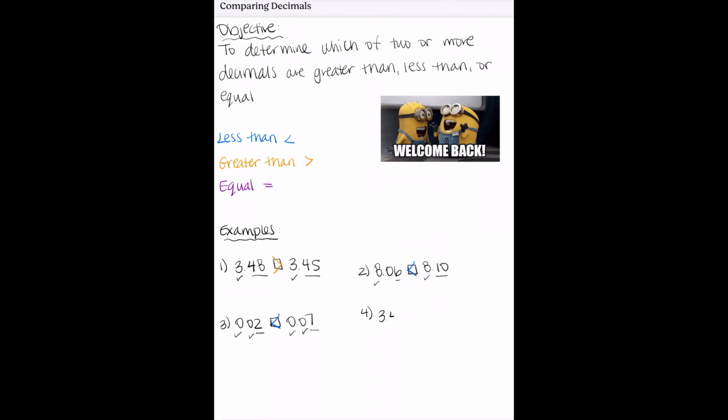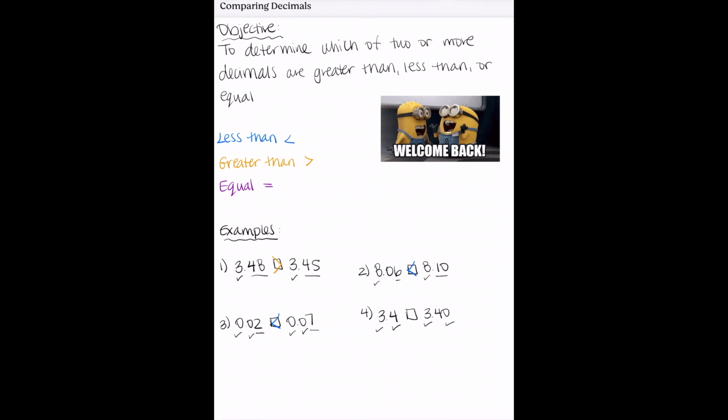For number 4, we have 3.4 compared to 3.40. The way that we would say these would be 3 and 4 tenths and 3 and 40 hundredths. Now looking at them, they both start with 3 in our ones place, and then they both have 4 in the tenths place, but the second one has a 0 in the hundredths place.